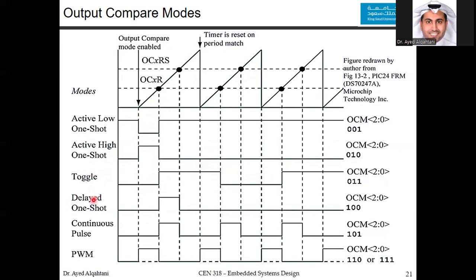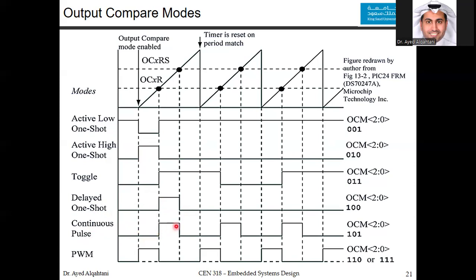For the delayed one shot, you can compare it to this one. It's the same thing, but the beginning and the end are different. It begins with OCR and finishes with OCRS. For the continuous pulse, instead of only one shot, you have a continuous pulse.